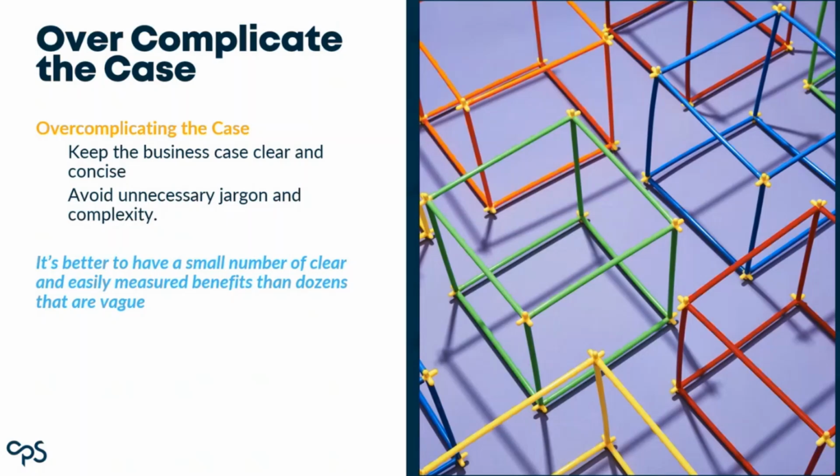Try and keep it at a level that people will understand. Point I make there, it's so much better to have a small number of clear, concise, measured benefits than having that scattergun of dozens and dozens across the piece. That will just switch people off.